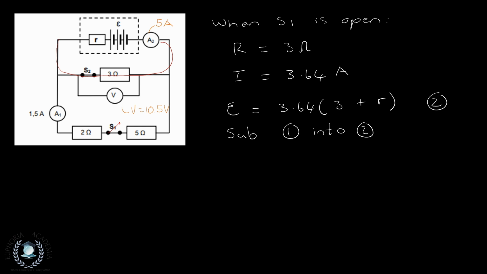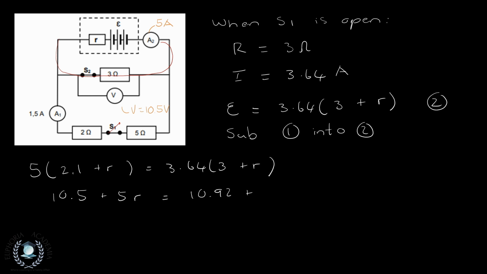We have 5 multiplied by 2.1 plus R is equal to 3.64 multiplied by 3 plus R. We multiply in the 5 as well as the 3, and we're going to have 10.5 plus 5R, and this is going to give us 10.92 plus 3.64R.